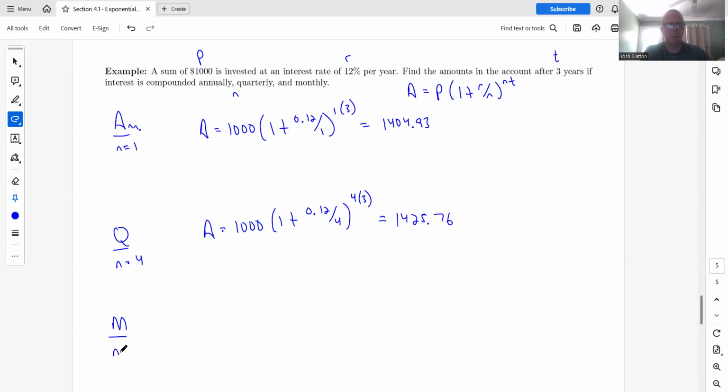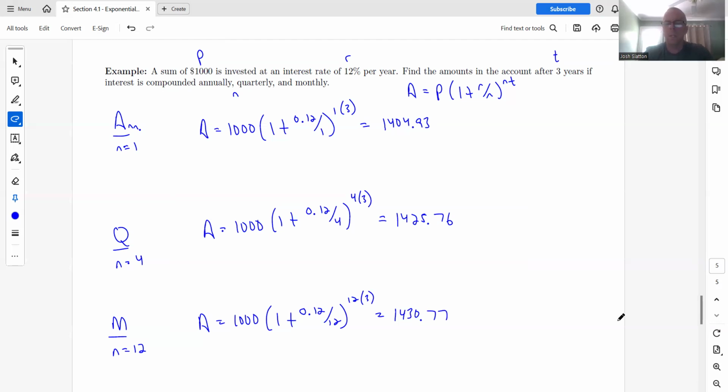And then the last one monthly, we'll have n equals 12. So 1,000 times 1 plus 0.12 divided by 12 to the 12 times 3. And let's see, we get 1430.77.